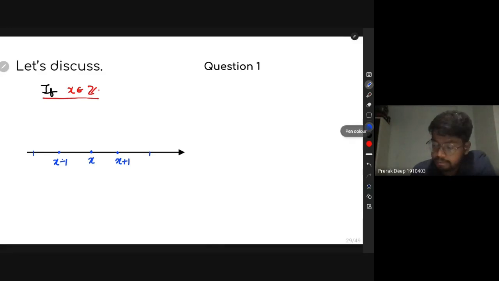And I'm looking at a convergent sequence.